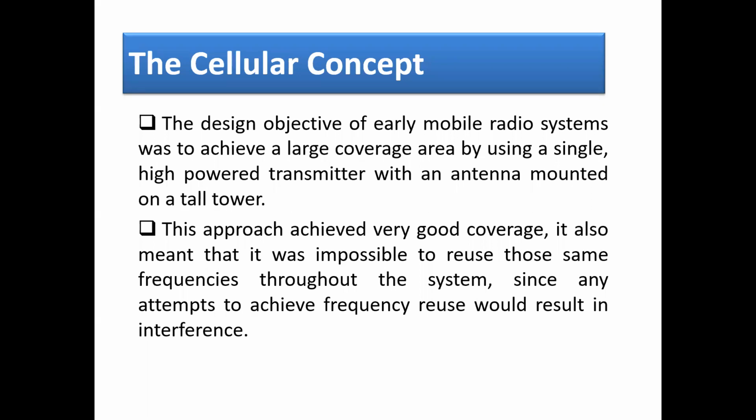Now, this approach, still talking about the early systems, achieved very good coverage. Yes, but it also meant that it was impossible to reuse the same frequencies throughout the system, since any attempt to achieve frequency reuse would result in what? In interference. Whenever we are talking about a large coverage area, it will be impossible to reuse the frequency. Of course, when you talk about reusing the frequency, it means reusing the whole bandwidth.